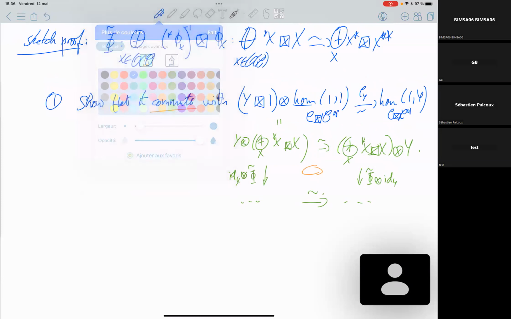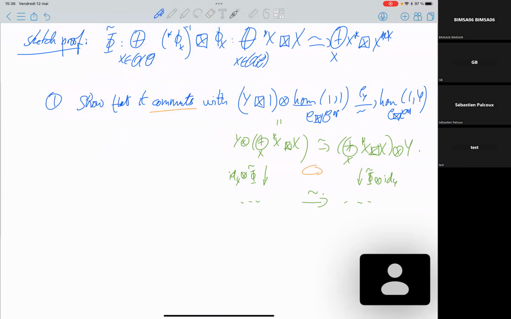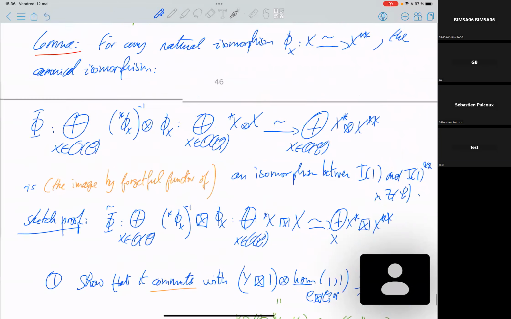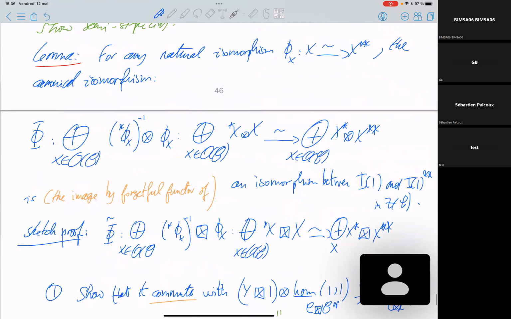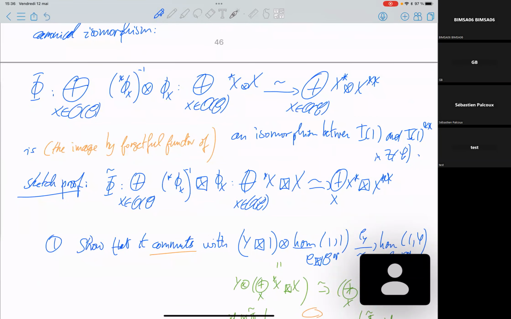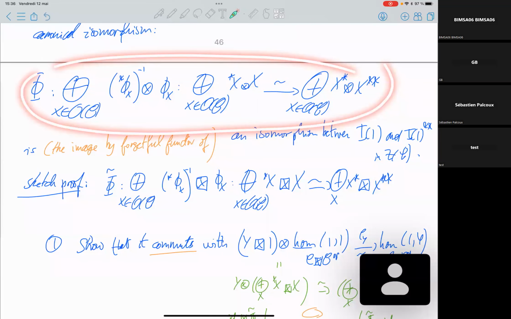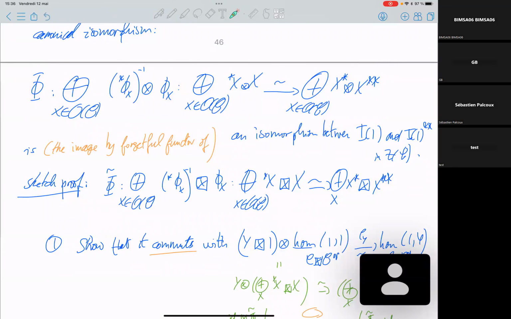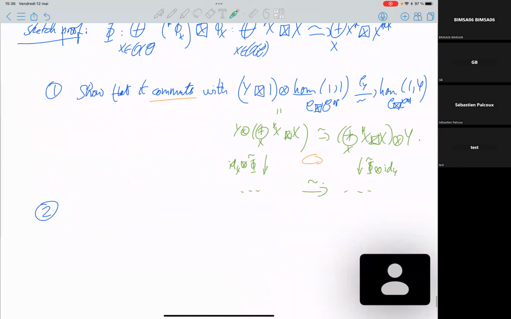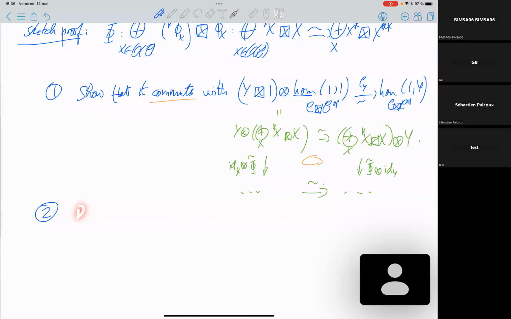And the second step is to deduce that this is the image of the forgetful functor of an isomorphism between I1 and its double dual. So the second step is to deduce the result using central structure.